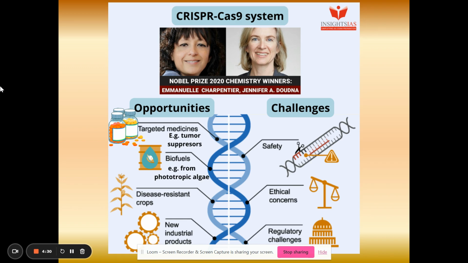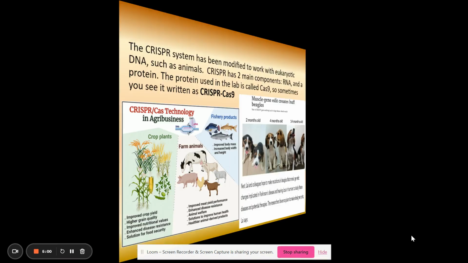Target medications, the example here, tumor suppressors. So those are genes that stop cells from continuing to go through the cell cycle on their own pathway. Biofuels. So these fuels that we could produce, like phototrophic algae, which we would call them probably more autotrophic algae, and disease-resistant crops to prevent from having to use pesticides.